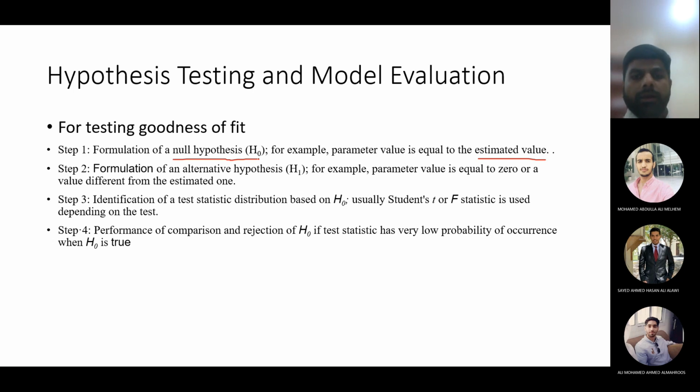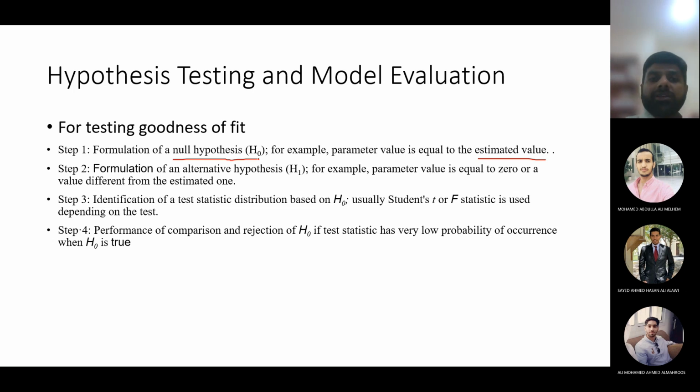Then you will select a test statistic. What is a test statistic? You calculate it like we did for the z value. So you calculate for your model a value which can be checked from a distribution, and those distributions are normally T or F. Like we have normal distribution, exponential, Poisson, we have discussed so many distributions, right?